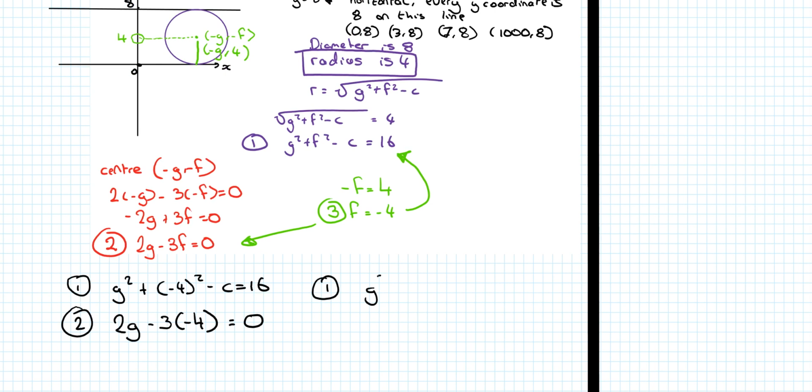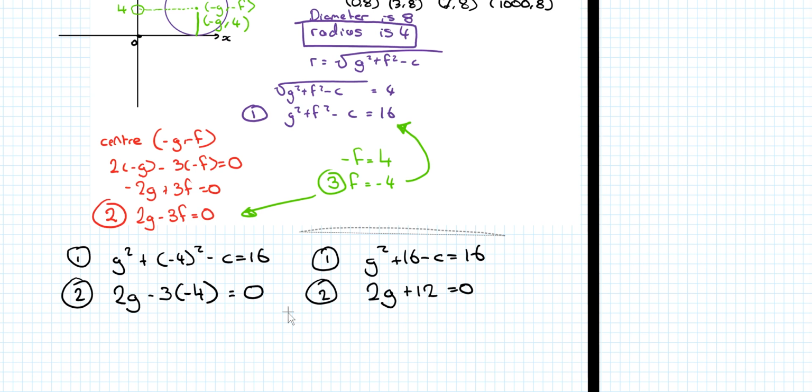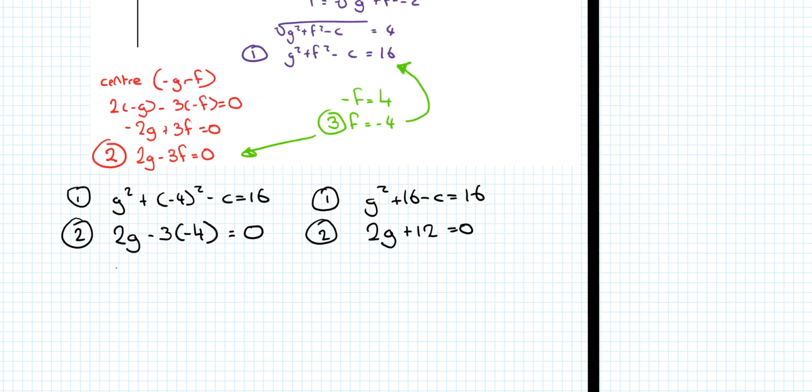Equation 1, g squared plus 16 minus c is equal to 16. Equation 2, 2g plus 12 is equal to 0. Oh, well, equation 2 is very telling here. There's lots I can get from that. Let's keep tidying up equation 1. G squared minus c is equal to 0. Equation 2, 2g is equal to minus 12. G is equal to minus 6.